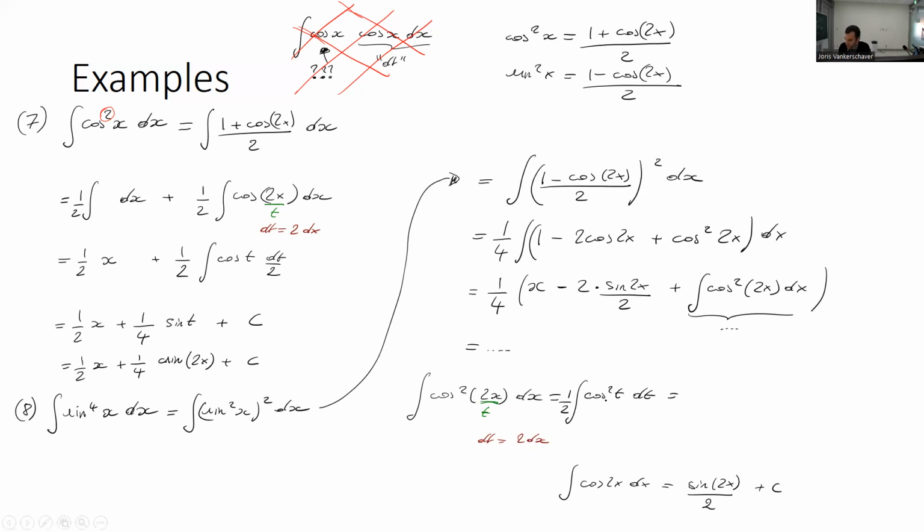And now I can use directly my results from the previous step, from 7, to say this is going to be equal to 1/4 t plus 1/8 sine 2t plus a constant, or as a function of x, t is 2 times x, so x divided by 2 plus 1/8 sine 4x plus a constant.